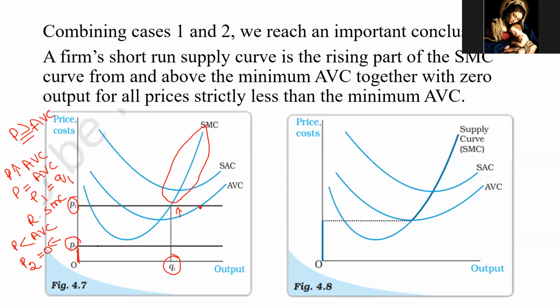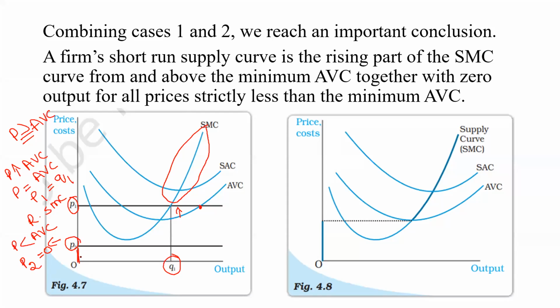So here there is no supply curve because we are not producing output. That means we are not supplying any commodities. That is about the first graph.